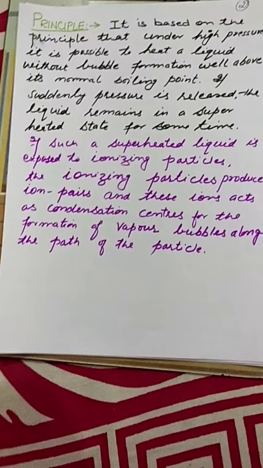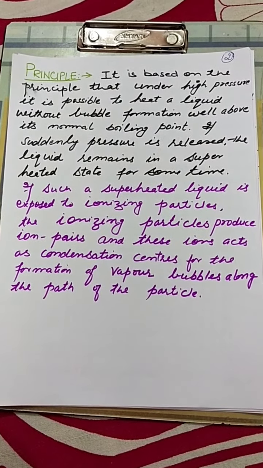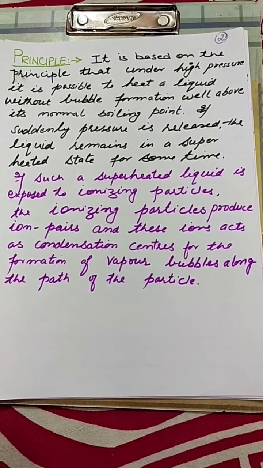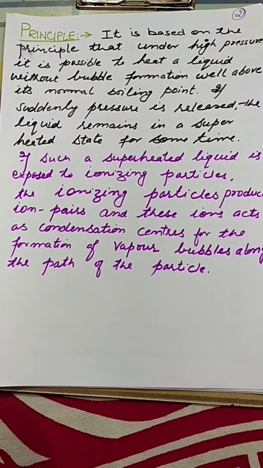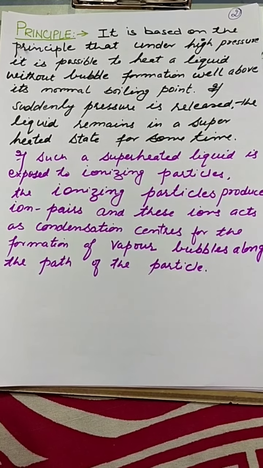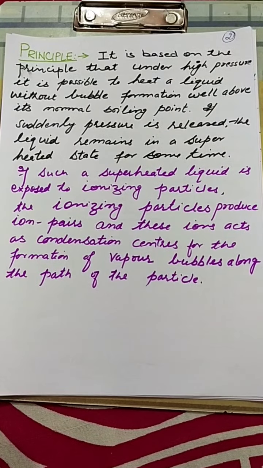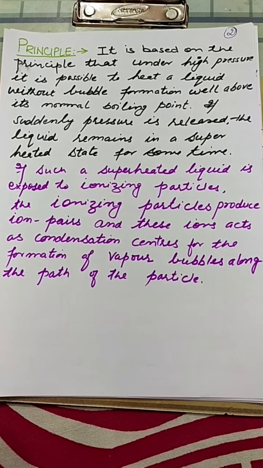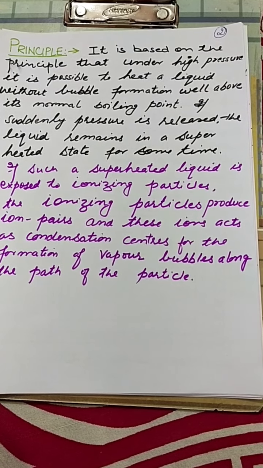It is based on the principle that under high pressure it is possible to heat a liquid above its normal boiling point without bubble formation. If the pressure is suddenly released, the liquid remains in a superheated state for some time. If such a superheated liquid is exposed to ionizing particles, the particles produce ion pairs, and these ions act as condensation centers for the formation of vapor bubbles along the path of the particles.